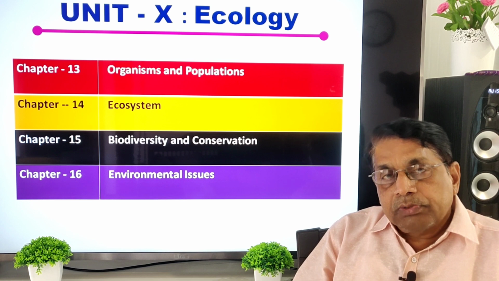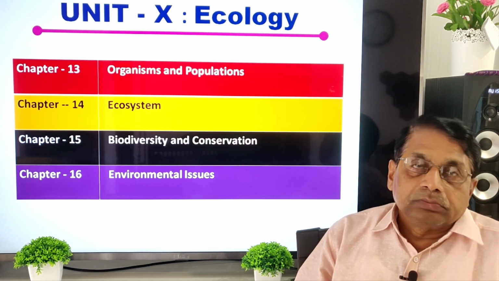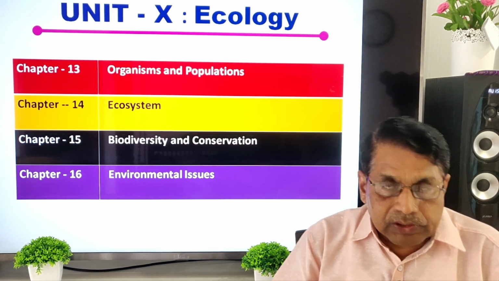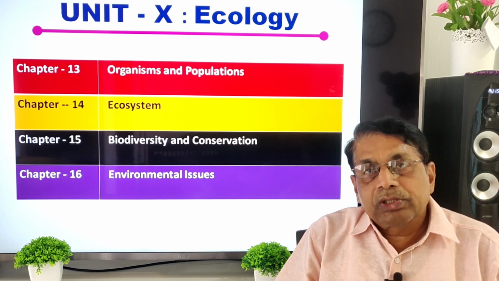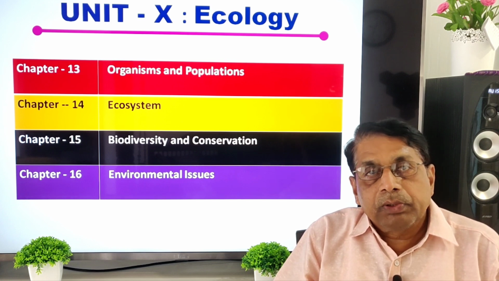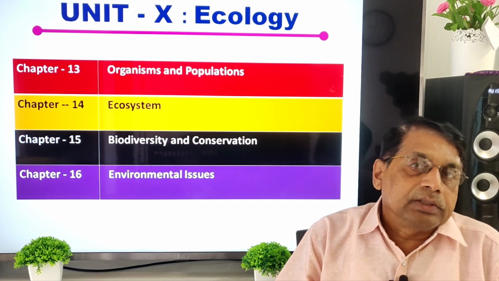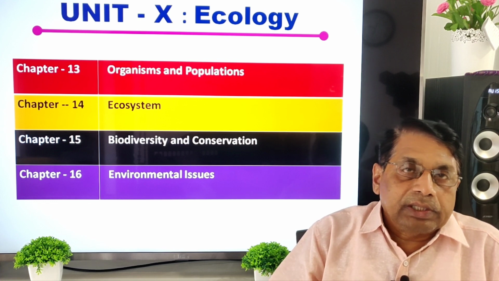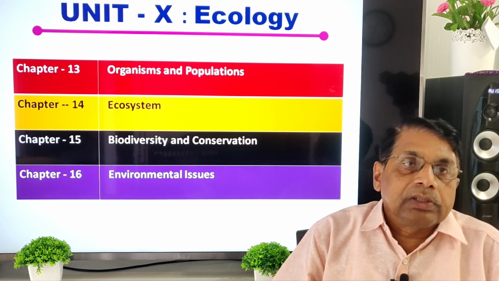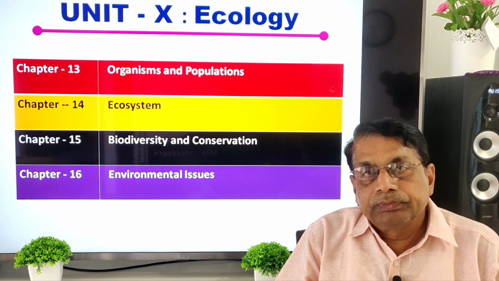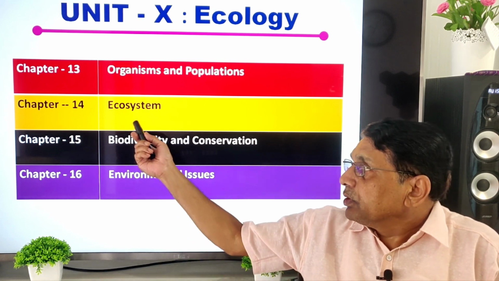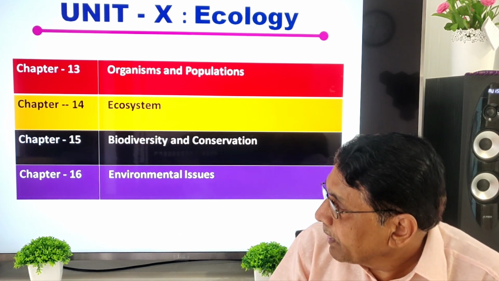Then living organisms also, there are categories like producers, consumers, carnivores, primary producers, like this. So what is the interaction? How the nutrients are recycled? Such aspects we will study in ecosystem.